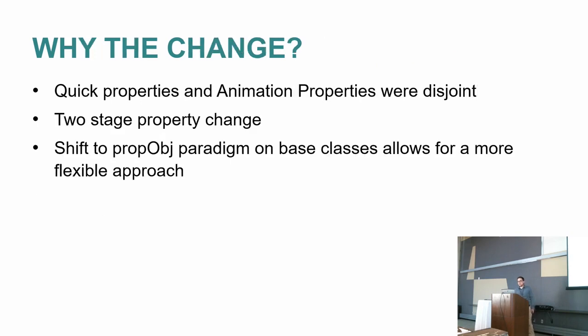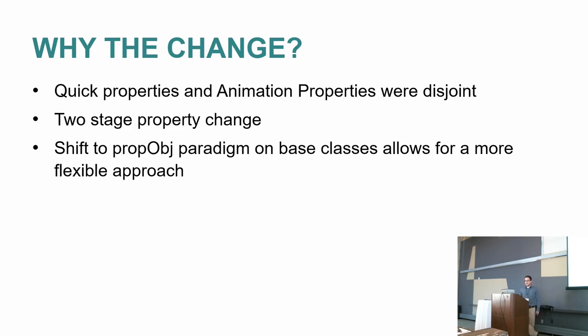So why the change? Why do we have these new systems when the old ones worked? The main one that I can think of is the quick properties and animation properties have been disjoint. They've been that way ever since I started working with CM and CET Designer. So that's probably the major driving factor in creating this new system.